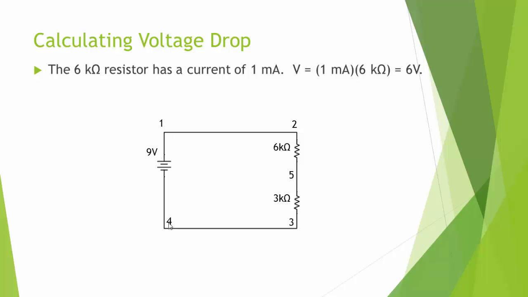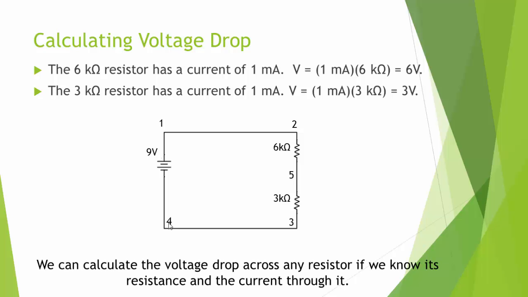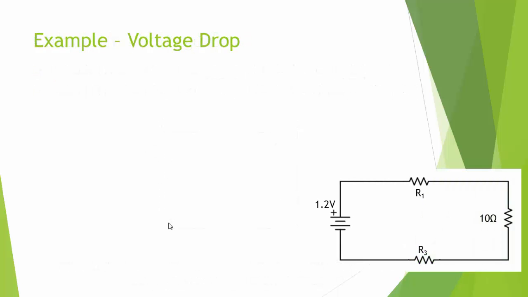So the first resistor gets 6 volts of the potential, the second one gets 3 volts of the potential. V equals IR. And if we add them together, of course, the overall voltage drop is 9 volts. So what this means is we can calculate the voltage drop across any resistor as long as we know the resistance and the current through it.